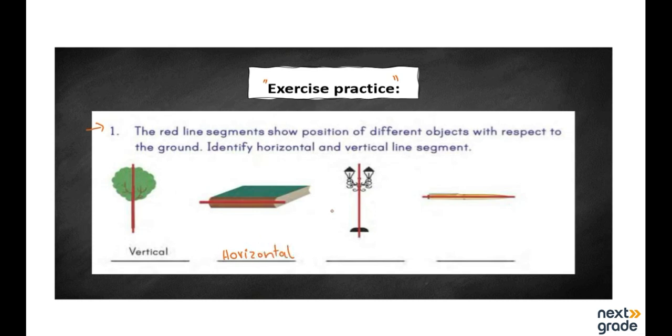We have a lamp over here, a street light, and you can see the line segment is up and down, so we'll call this one a vertical line. Likewise, you can see a pen over here, and in this pen the line goes from left to right, so we'll write that this one is a horizontal line.